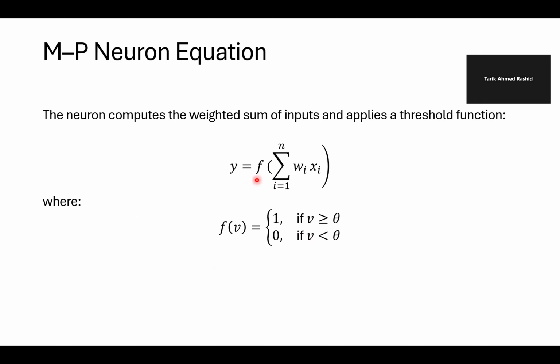So Y equals a function of the net of any neuron, which is the sum of Wi multiplied by Xi, with i going from 1 to N. This net, we call it V, and Y is the function of V. If V is greater than or equal to theta, a threshold, then the output is classified as 1, and if smaller than theta, it is 0.